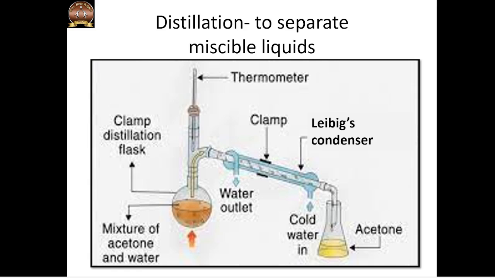So when you begin heating the mixture of acetone and water, which is completely mixed together, they are miscible liquids which form a homogeneous mixture. So when you begin heating, as soon as the temperature reaches 56 degrees Celsius on the thermometer, the acetone vapors start rising. Water will not have vaporized yet because the boiling point of water has not been reached.